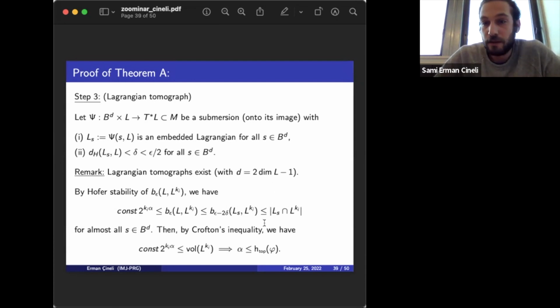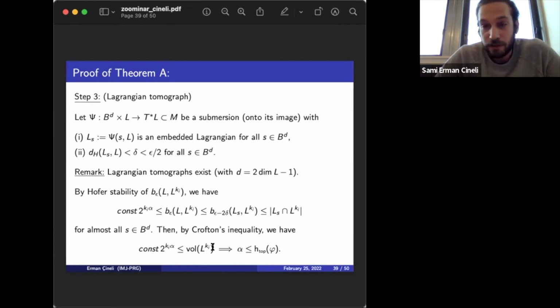We integrate the number of intersections of LS and L to the Ki over B. That gives a lower estimate for the volume of L to the Ki. And then up to a constant, the volume of L to the Ki is more than 2 to the Ki alpha.